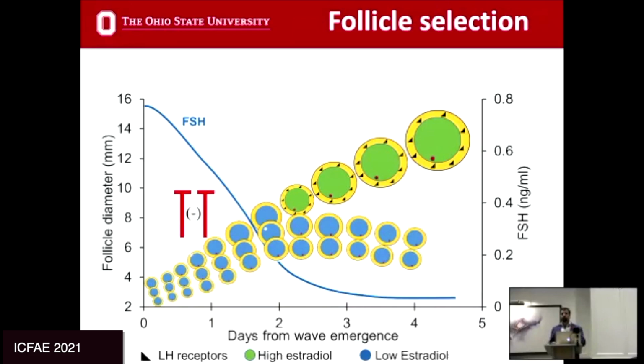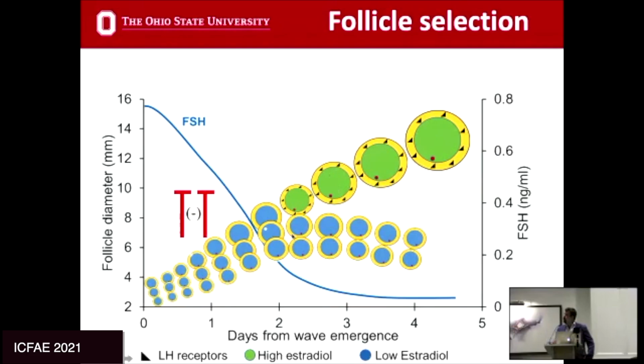The morphological visualization of the selection mechanism has been called diameter deviation, and is basically defined as a relatively abrupt change in growth rate between the future dominant follicle here on the top and the subordinate follicle.